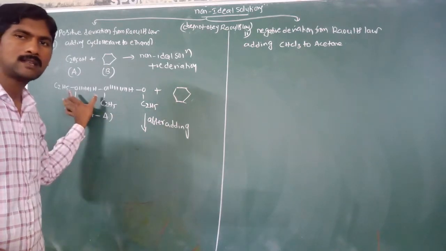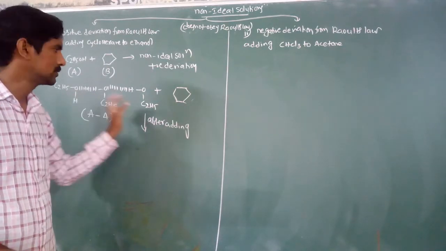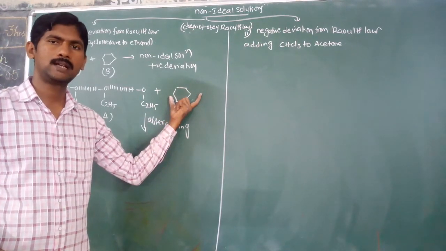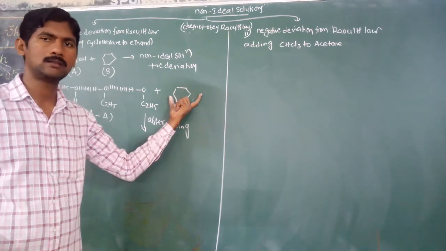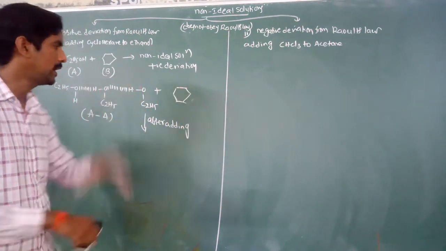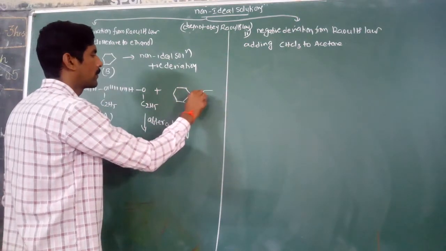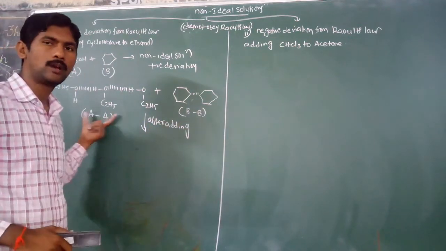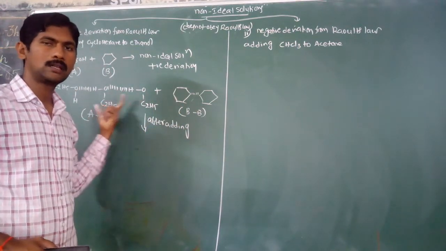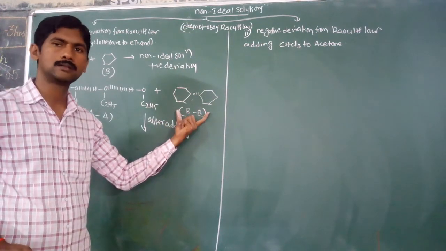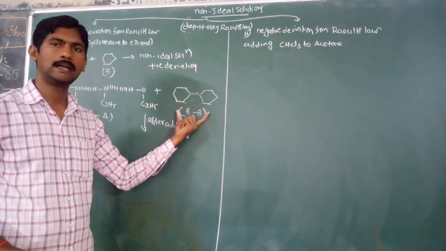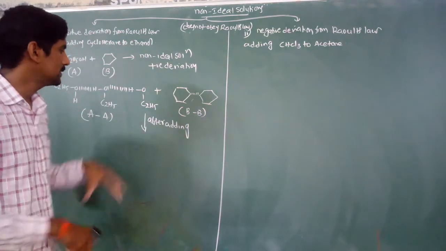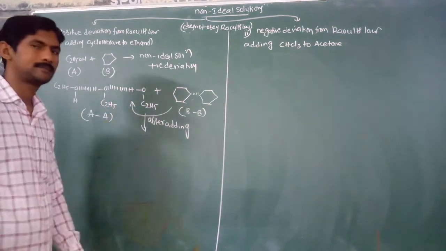Before adding, there is hydrogen bonding between ethanol molecules and non-polar induced dipole interactions between cyclohexane molecules. These are the individual interactions, AA and BB. AA interactions are hydrogen bonding between ethanol molecules, and BB interactions are induced dipole interactions between cyclohexane molecules. These are intermolecular forces of attractions.